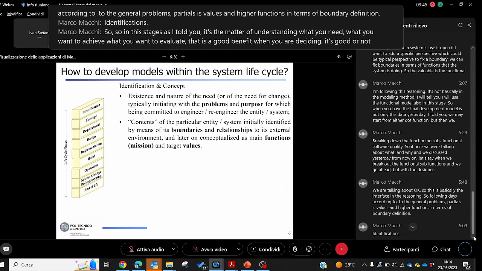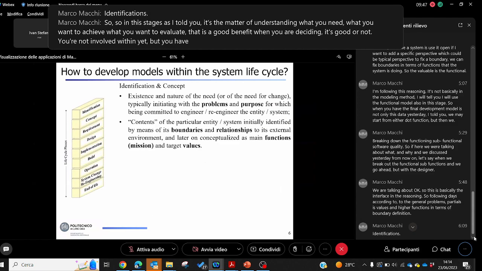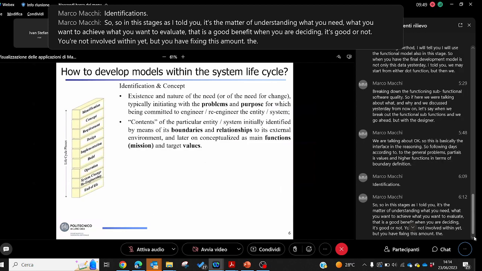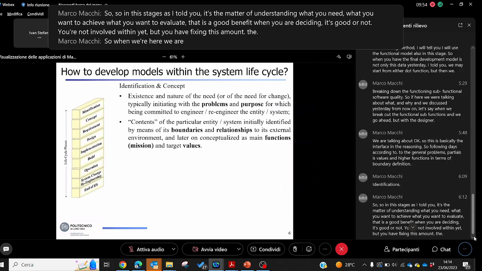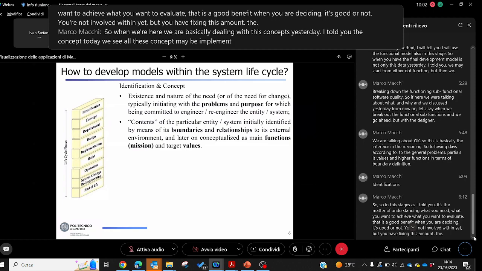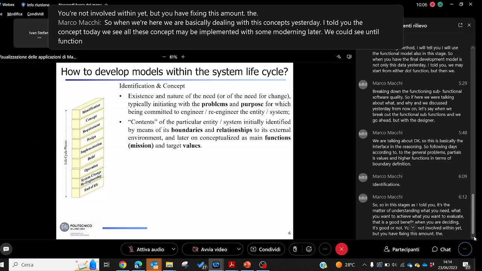You're not evaluating yet, but you're fixing somehow the targets. And so when we're here, we're basically dealing with these concepts. Yesterday I told you the concepts. Today we see how these concepts may be implemented with some modeling method. We could see up to functions in the first part of the lecture. And then we will move ahead.